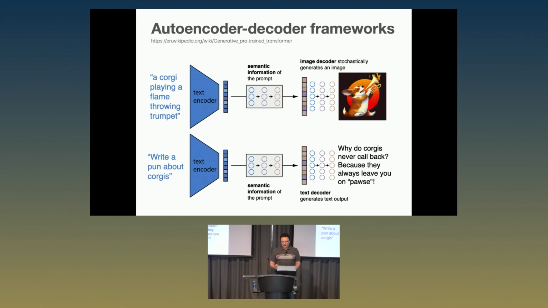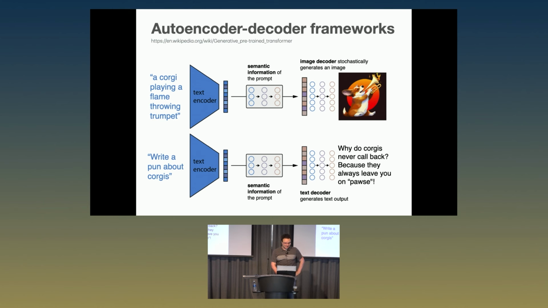For both images and text generation, a lot of these tools are built on this thing called the autoencoder framework. There are different versions used for different flavors of this, but the basic idea, in the top row, is the image generation example.